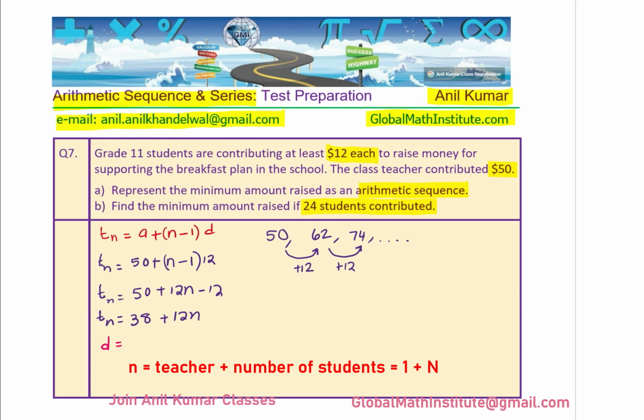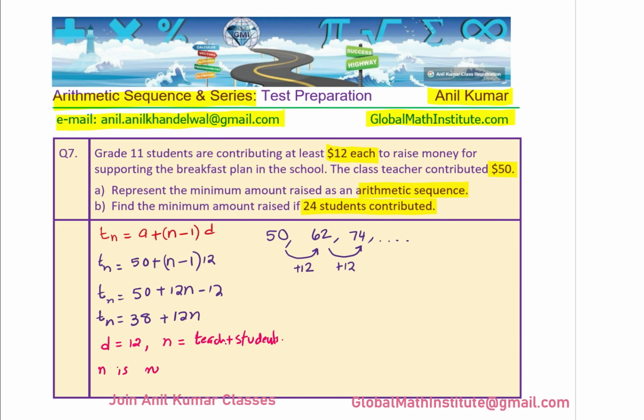In this formula, d is 12, and the value of n is basically equal to teacher plus students. d is 12 because each student contributes 12, and n is the nth term, which is 1 plus the number of students, because there is one teacher also.